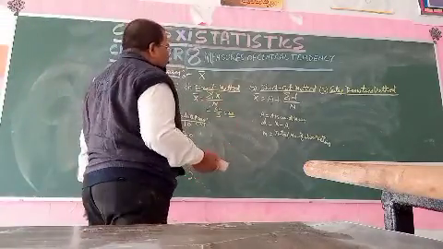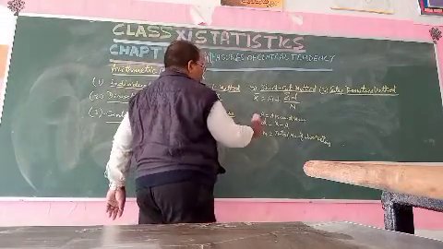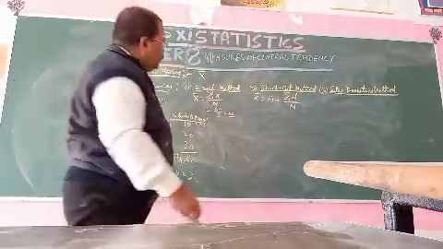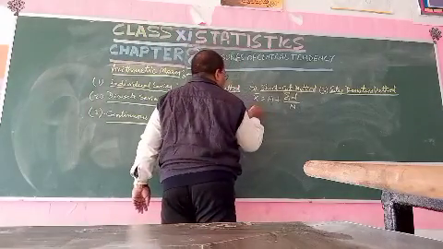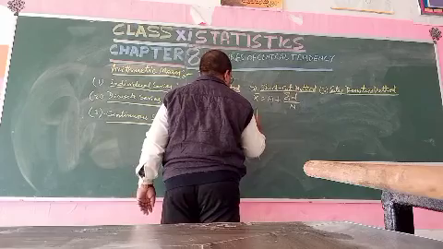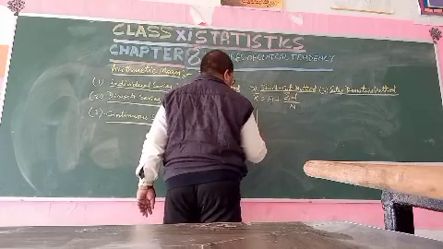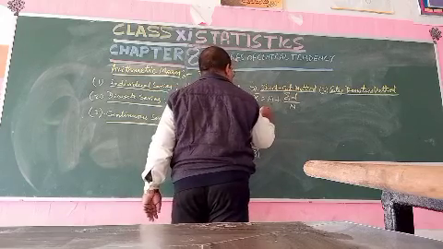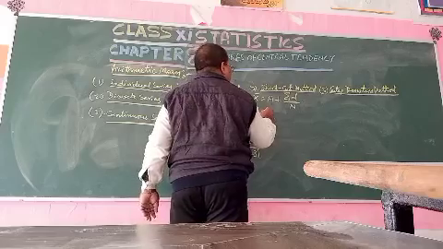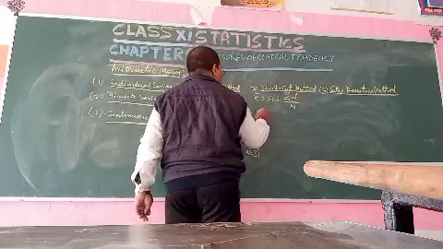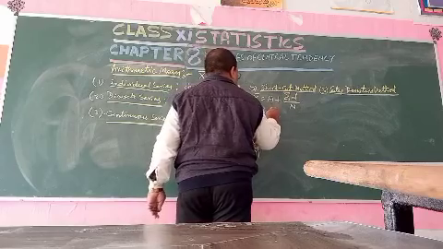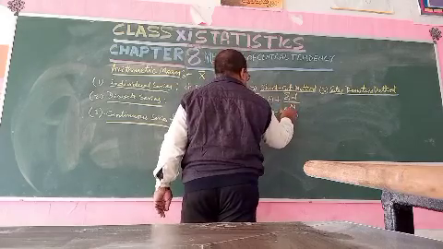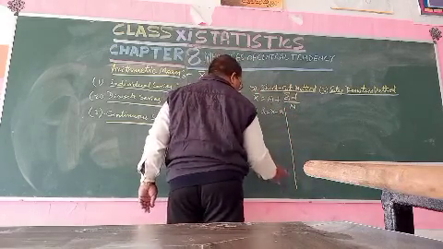This is the detail of this formula. Now we will solve the same numerical with the help of this formula. For this we have to construct a table. This is x: 10, 20, 30, n is equal to 3. Here we have to calculate in this column d equal to x minus a. A is the assumed mean.